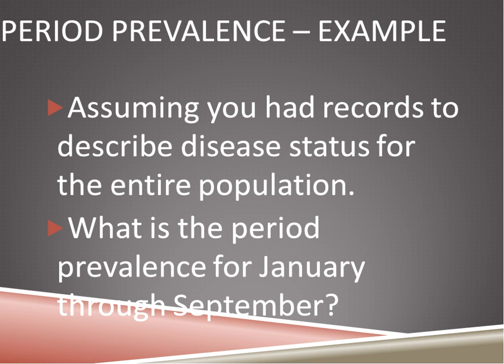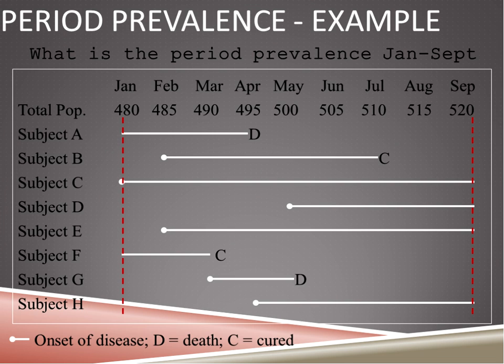Period prevalence is through a time period. Assuming you had the records for the entire population, what is the period prevalence for January through September? We still need an average population, which we would do by adding your numbers and dividing.